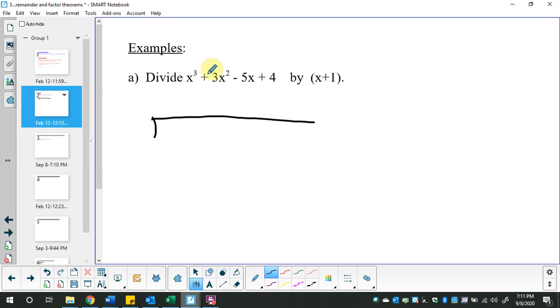It's already in order, so 3, 2, 1, none. No gaps, so I can just dump that in here if you're a long divider. Remember, long division is for people who are going on in math for sure. And then the divisor sits here.